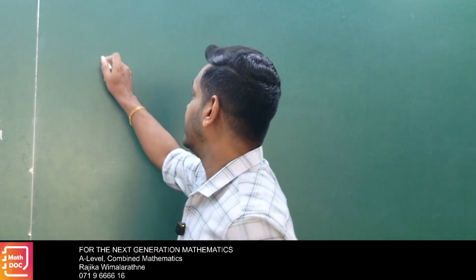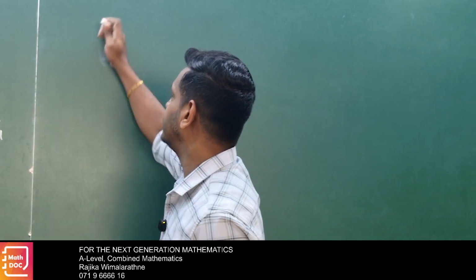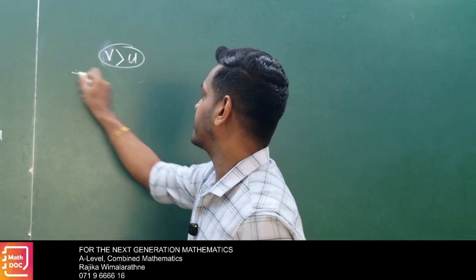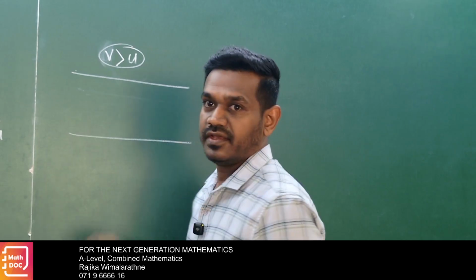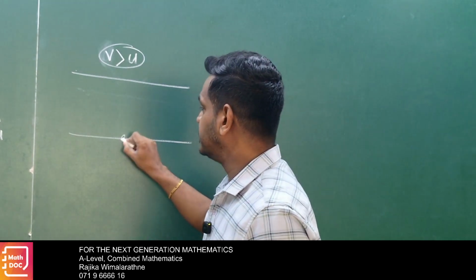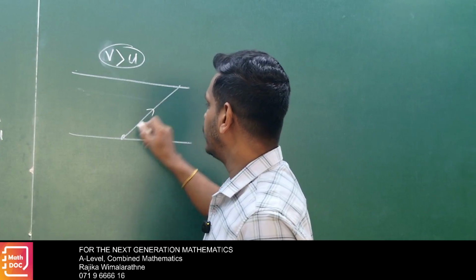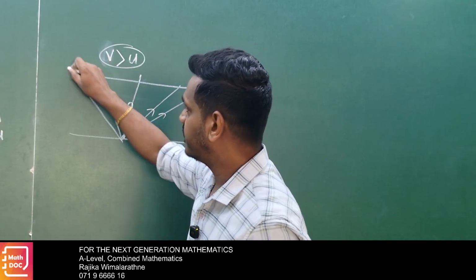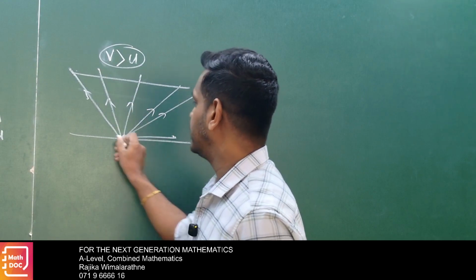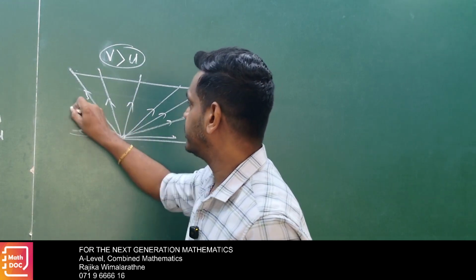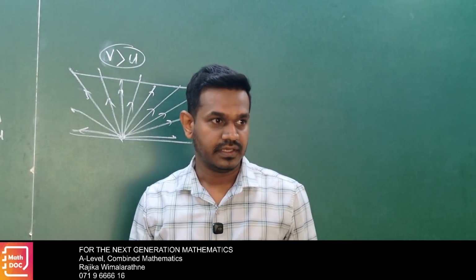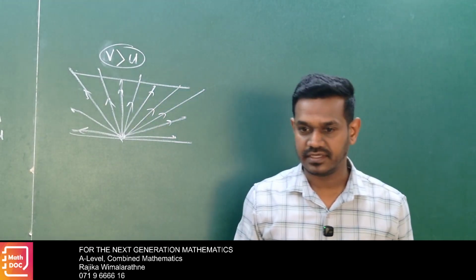Here consider the V greater than U case. In this case he can go along any path, any direction, whatever it is. We are going to check how it happens.